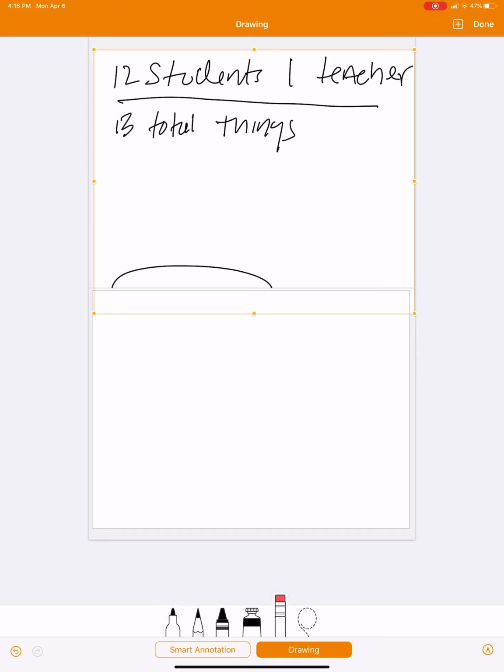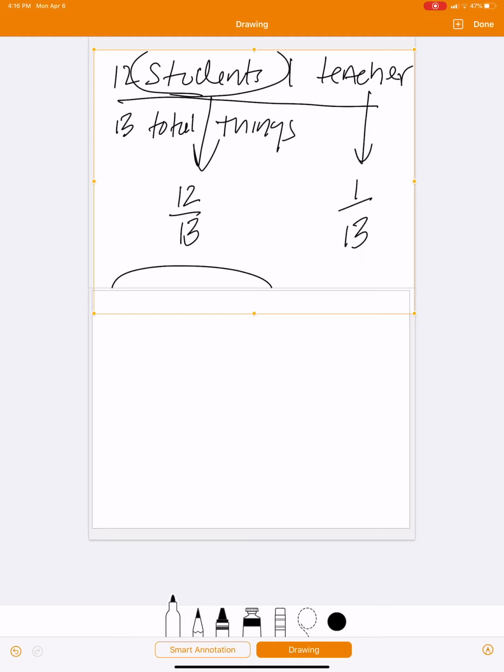I could talk about just the students, and I could say there would be 12 students out of 13. That's okay to do. Just like I could say there's one teacher out of 13 total. So this one is okay when I do fractions like this.